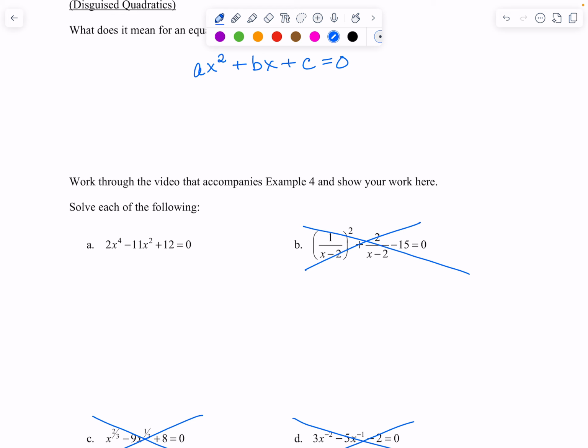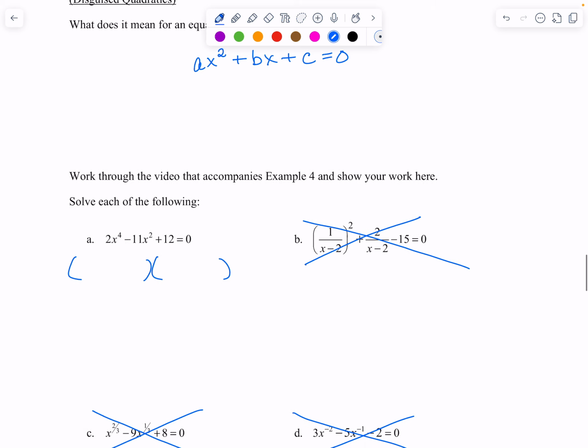I'm going to treat it as slide and divide. Even though it's x to the fourth, I'm going to take my 2 and slide it over here.